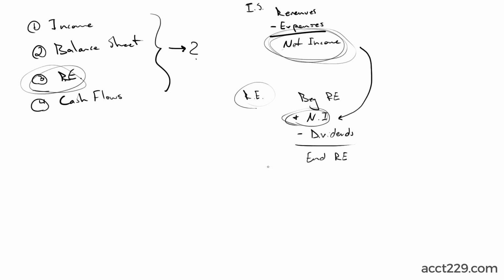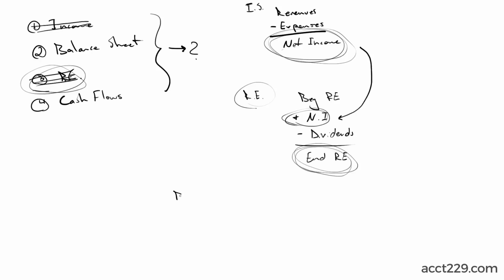Same question, is there a place where we put retained earnings? Let's say that we've got income knocked out and we've got retained earnings knocked out. Is there a place where we put ending retained earnings?